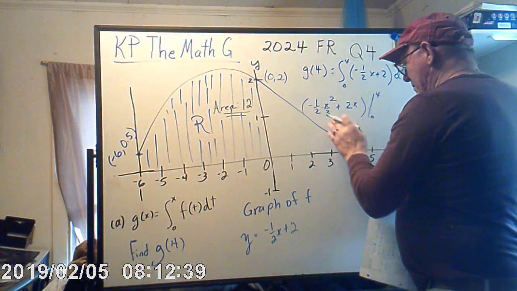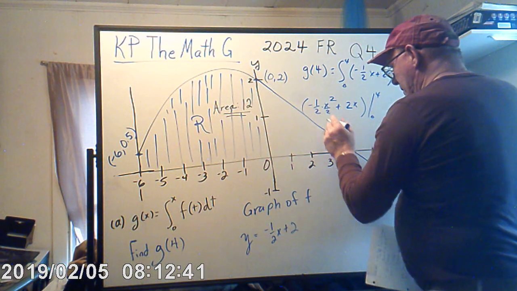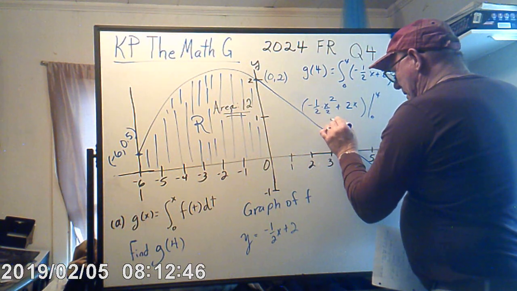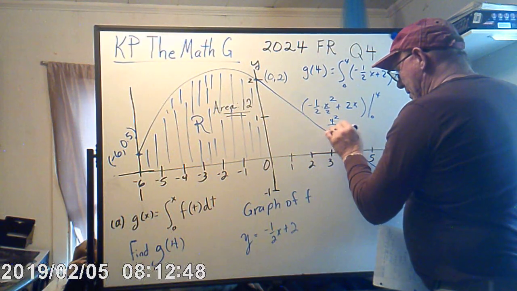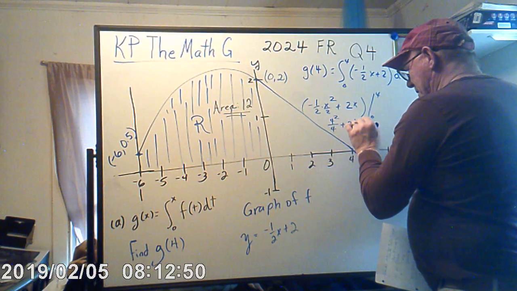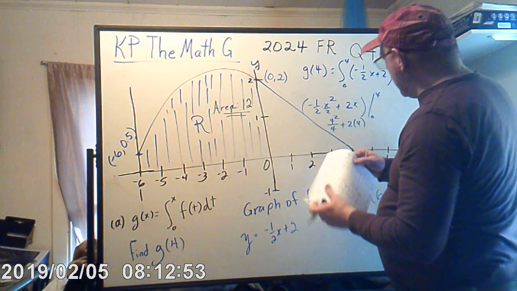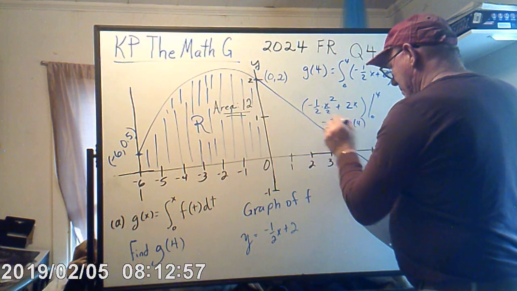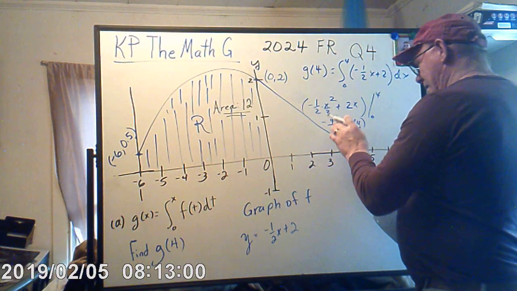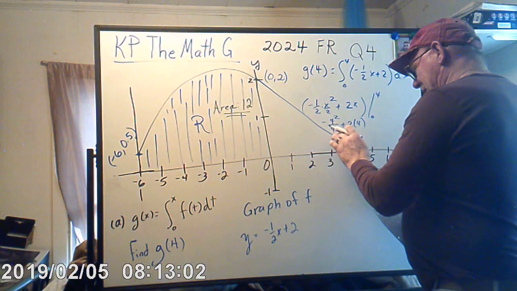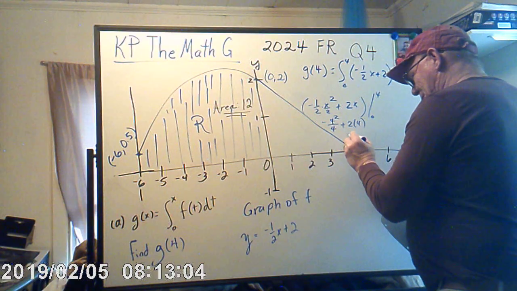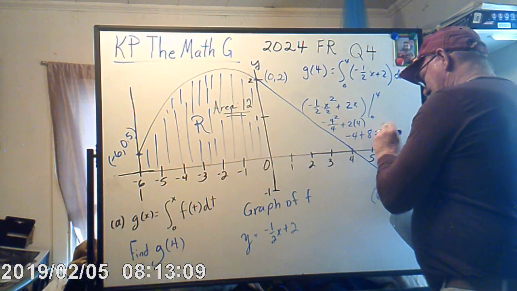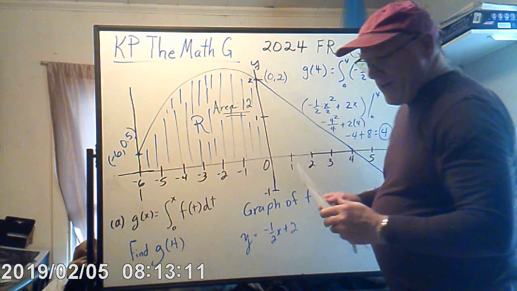Now when you plug the 4 in, this is actually negative 1/4, so 4 squared over 4, plus 2 times 4. Is that a plus? It should have been a negative. Okay, negative here, that makes sense. So now this is going to be 16 over 4, which is 4, so negative 4 plus 8, which turns out to be the same thing, 4. Yeah, you can do that.